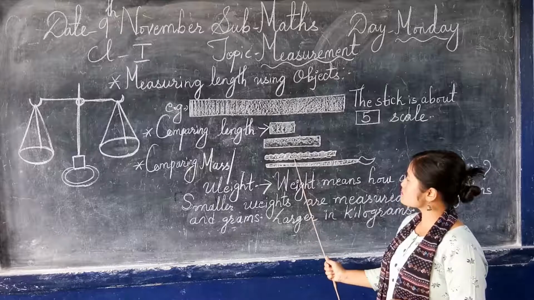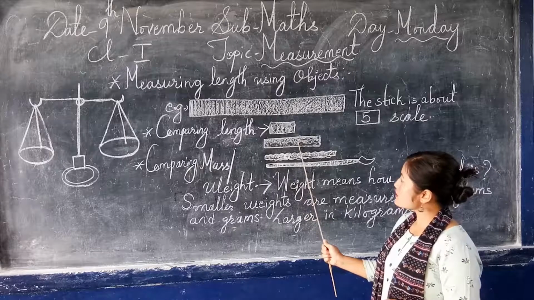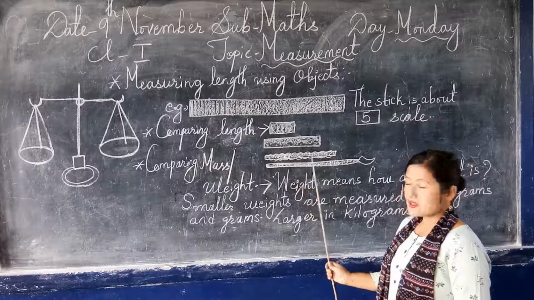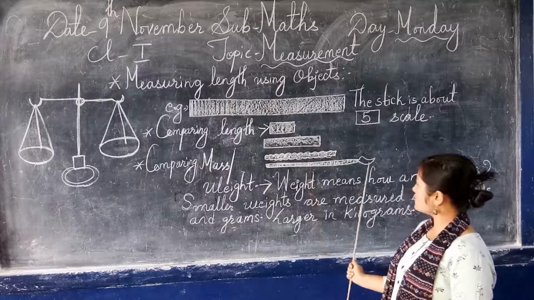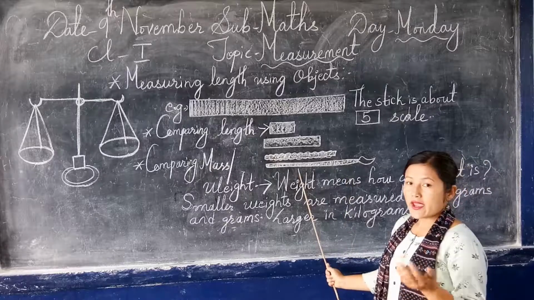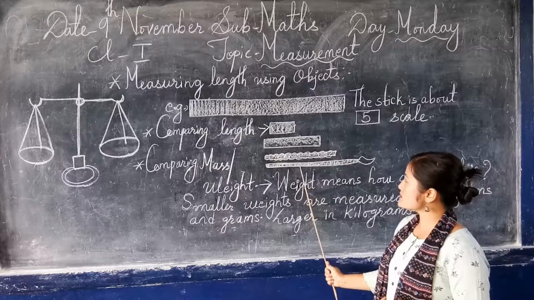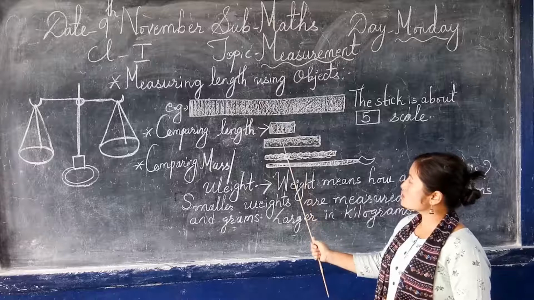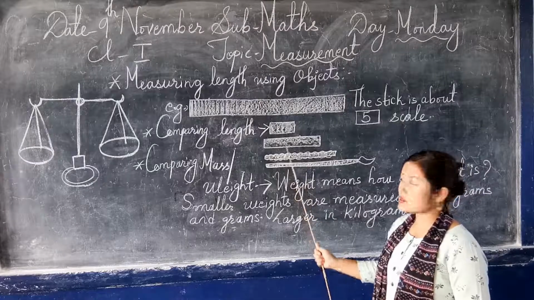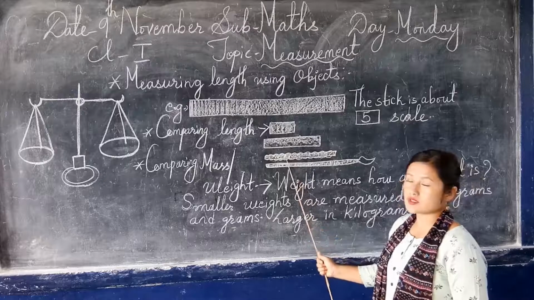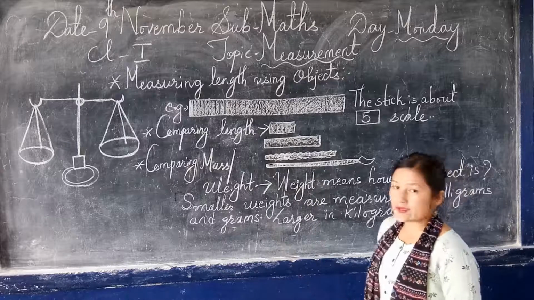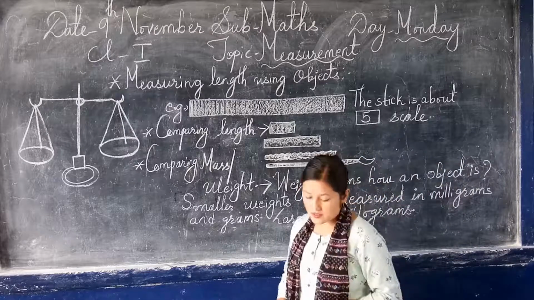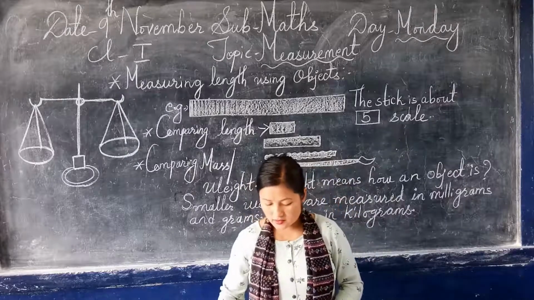Then comes one stick, a little longer than the second one, and then this coloring brush, which you may have at your home, right? This is longer than these 3 objects, the longest one. This is the way we compare the length.